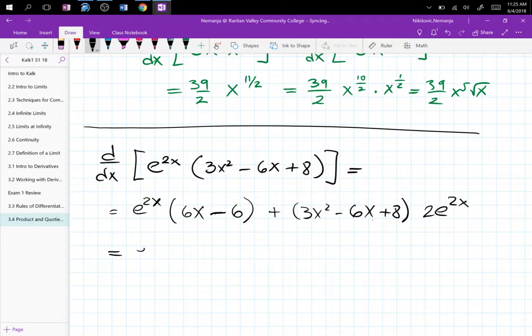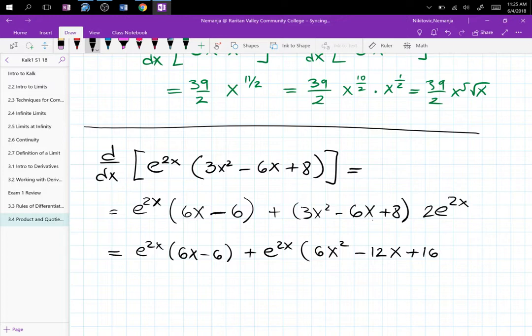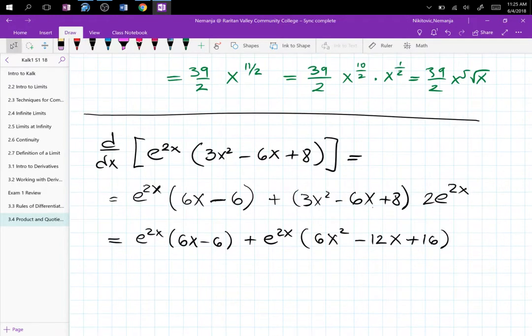So the first is e to the 2x, 6x minus 6. The second one is plus e to the 2x, and then 2 multiplies everything inside, so 6x squared minus 12x plus 16.